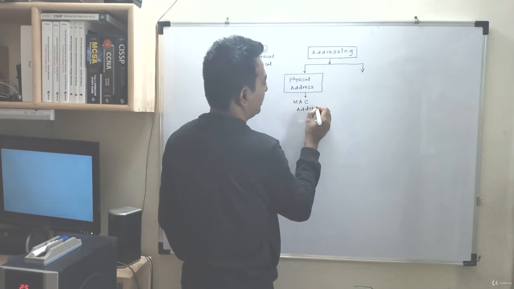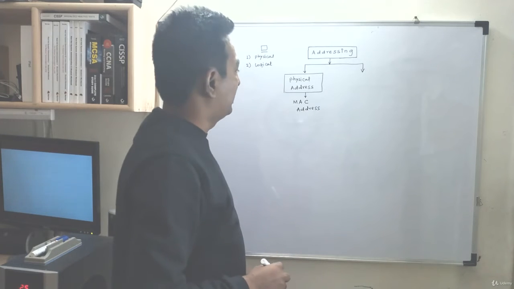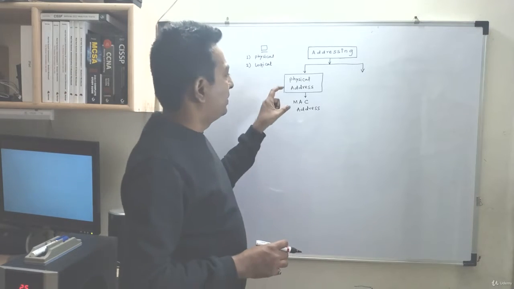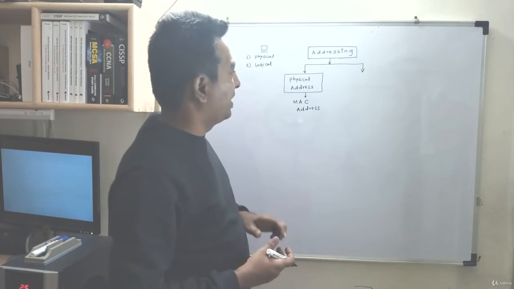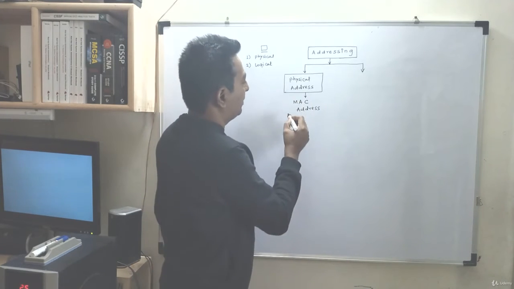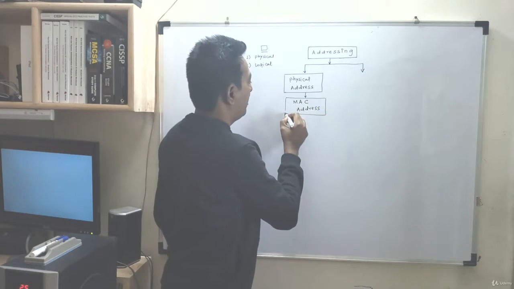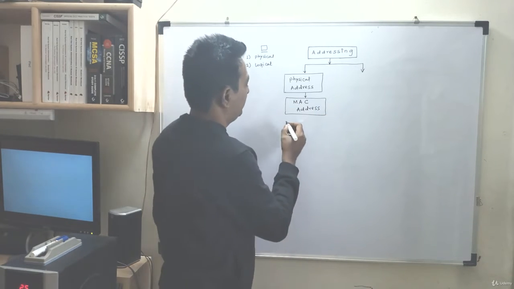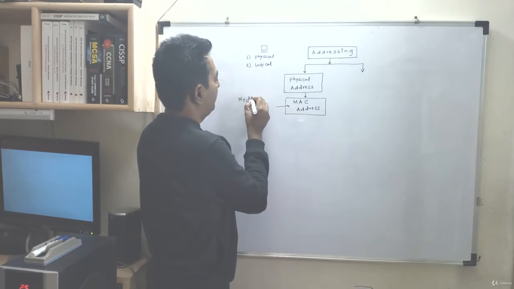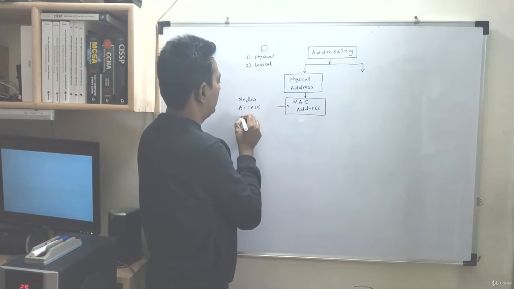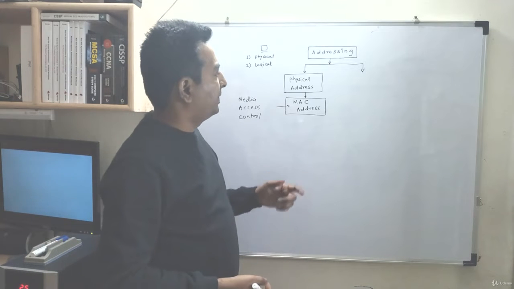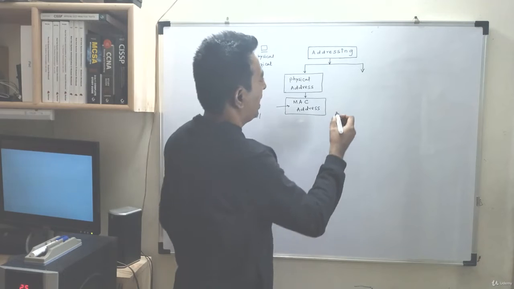Whenever you buy a mobile phone or a laptop or a desktop, the network adapter in that device will have a physical address associated with it, and that physical address is known as MAC address. MAC stands for Media Access Control Address. We'll talk about MAC address in detail in the upcoming session.